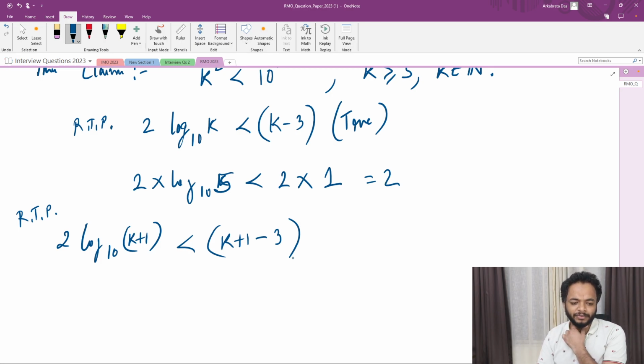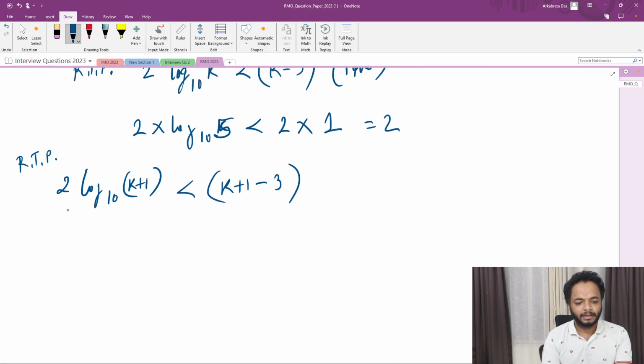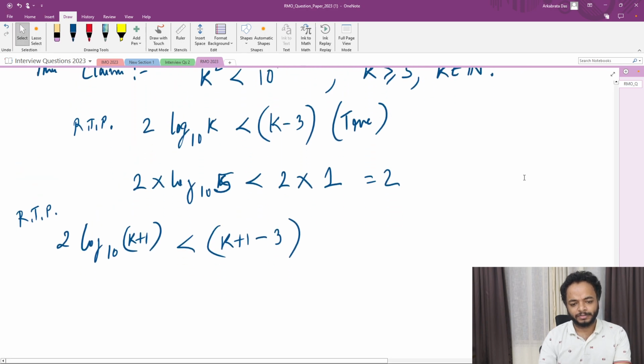Now try to understand this. I have to use my inductive step. How can I use it? I have to compare log base 10 of k and log base 10 of k plus 1.